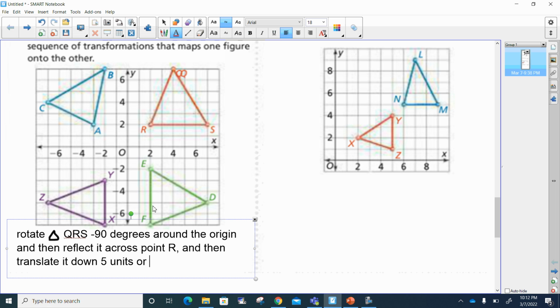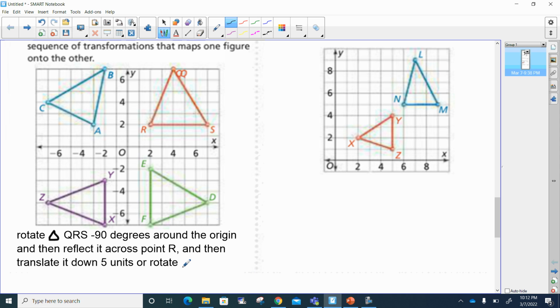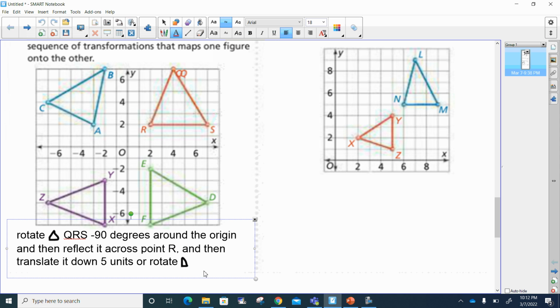Or we could go ahead and rotate, let's see, we could also rotate triangle DEF 90 degrees around the origin.